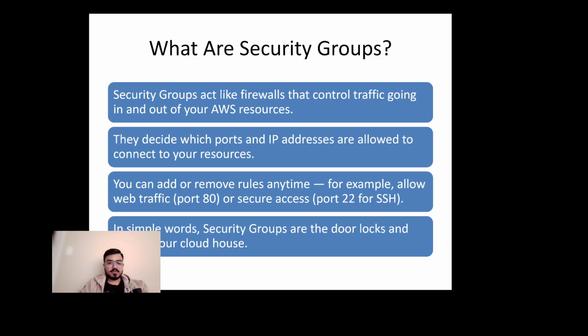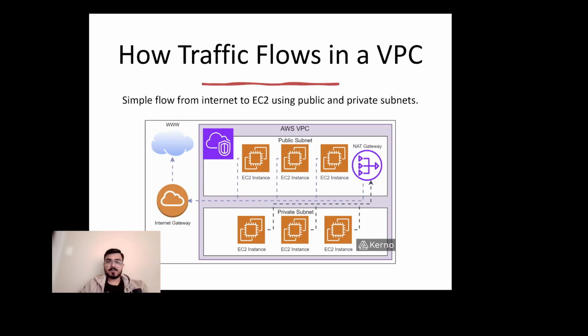You can add rules to say only allow people from this IP address, or allow web traffic on port 80, or allow secure access for me only. Security groups protect your EC2 instance, database, and other services. They make sure only the right people or systems can communicate with your resources. So let's see how traffic flows.